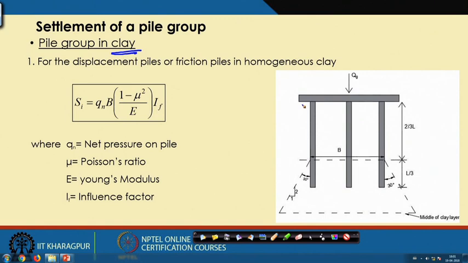So, the dimension of this raft will be this one, okay, from this edge to this edge, this is the B. So, you place this raft here, which is 2/3 of the length of the pile.